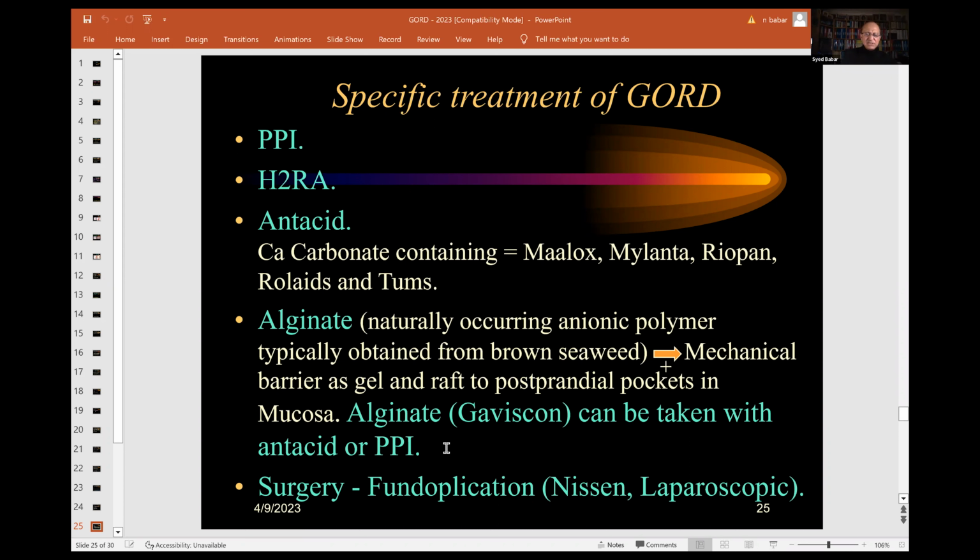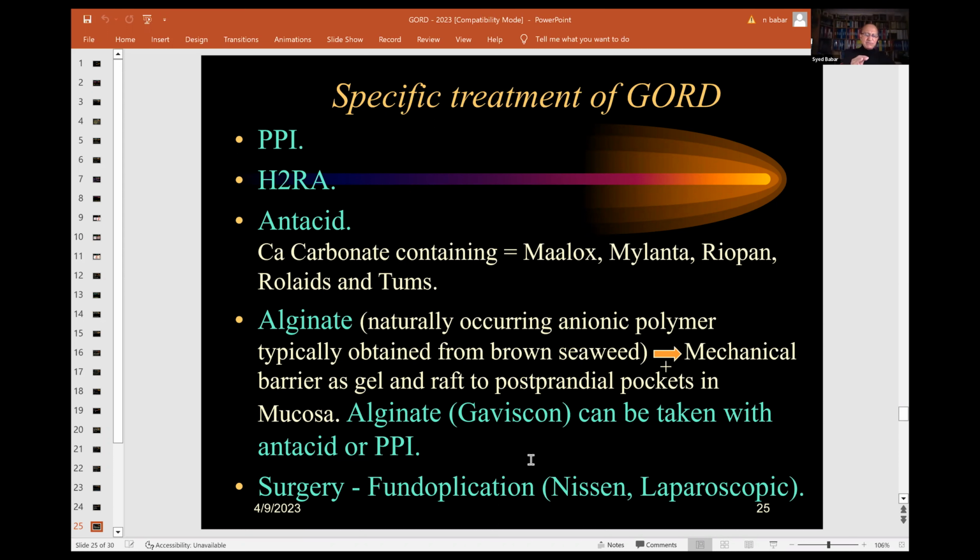Common example is alginate Gaviscon. And the advantage is that if you were to take antacid, which works quickly but is short-lived, alginate works after half an hour, and it then, of course, stays on, causing benefits for a while longer. Surgery is fundoplication, on the assumption that there's a greater population of parietal cells in the fundus.